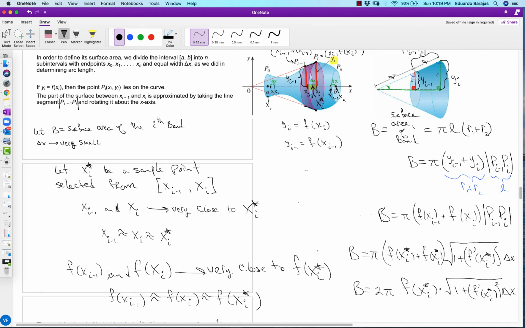And so we're leading to this conclusion here that x sub i minus 1 is approximately equal to x sub i, which is approximately equal to x sub i star, right? So this information here. Because delta x is very, very small, then x sub i star chosen somewhere in that delta x means that approximately all 3 points are pretty close together. They're almost the same point. So I'm just compacting all that information into that line so I can erase all of this.